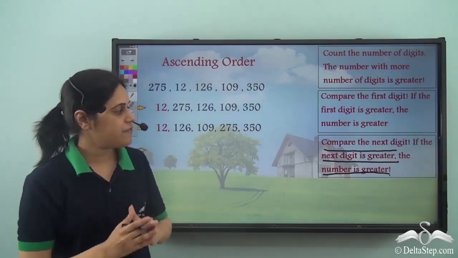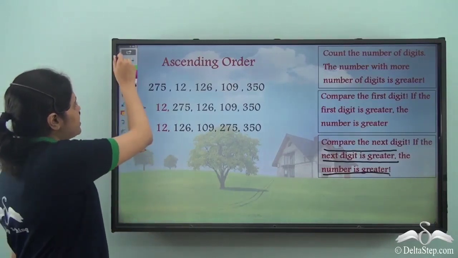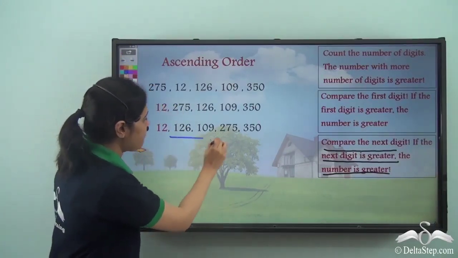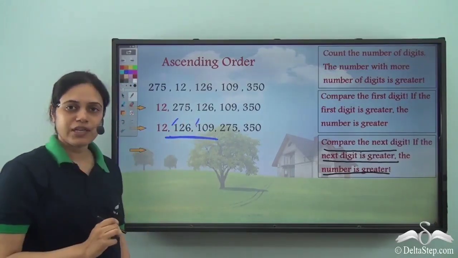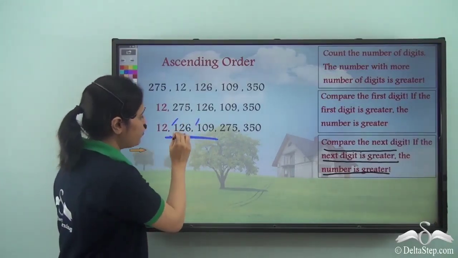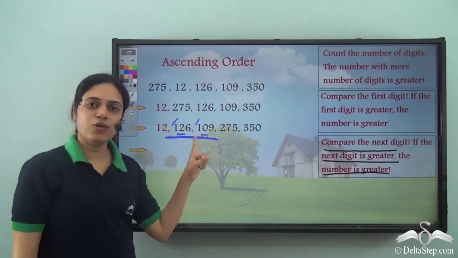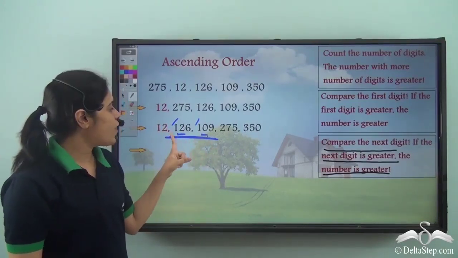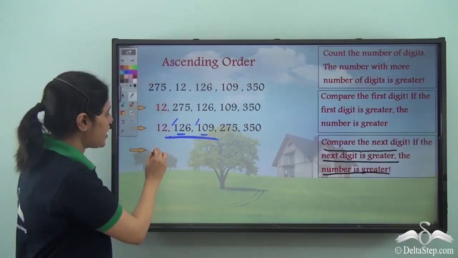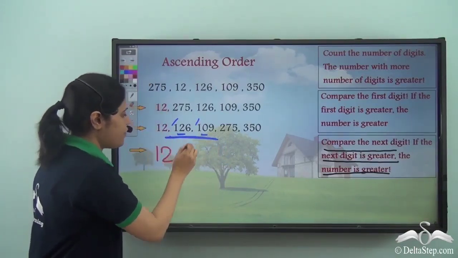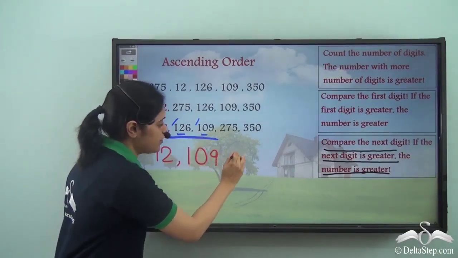So in this case, if I take these two numbers, 1 is the same in both cases. Now I have 2 here and I have 0 here. So between 2 and 0, 2 is bigger. So 126 is bigger than 109. So 109 will come before 126 because it is less than 126.